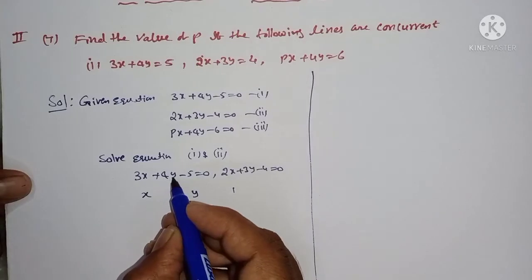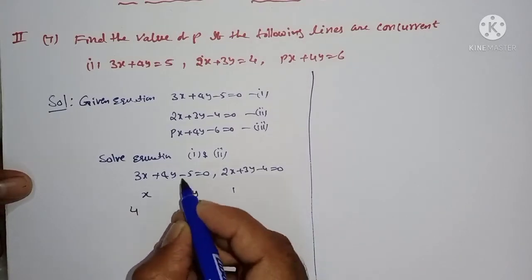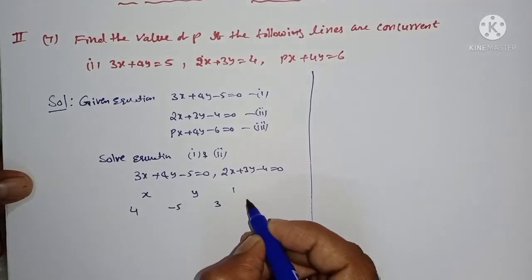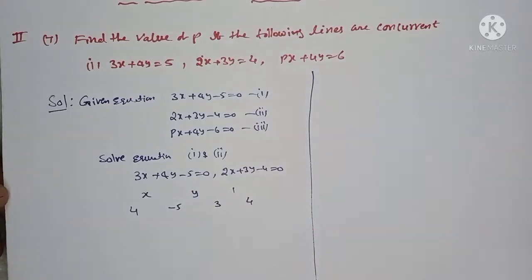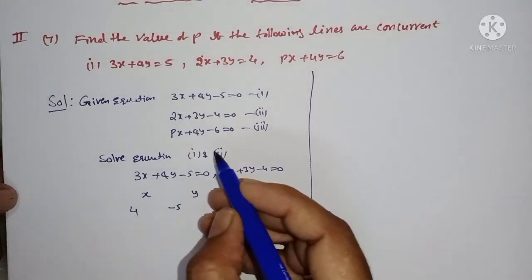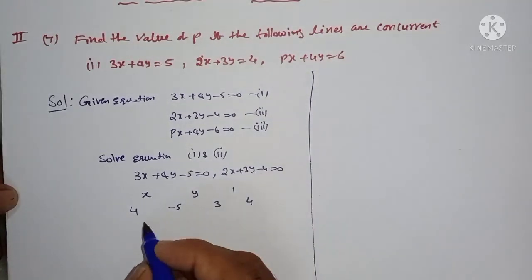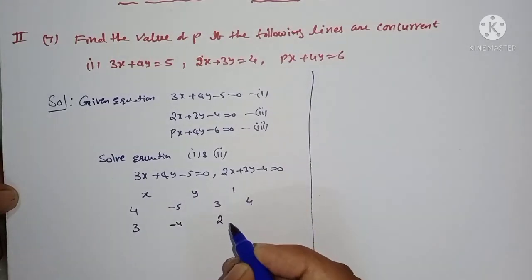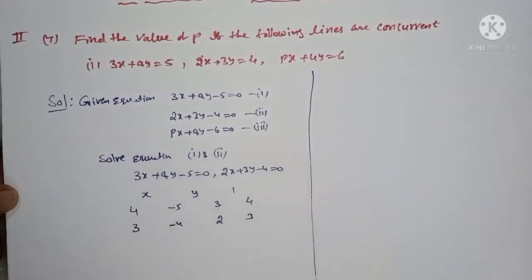Therefore, first you write the y coefficient, that is 4, minus 5, and the x coefficient is 3. Again repeat 4. This is the method of finding x and y. Again the second equation, you write 3, minus 4, 2, and 3 is repeated. Therefore, x by how much?